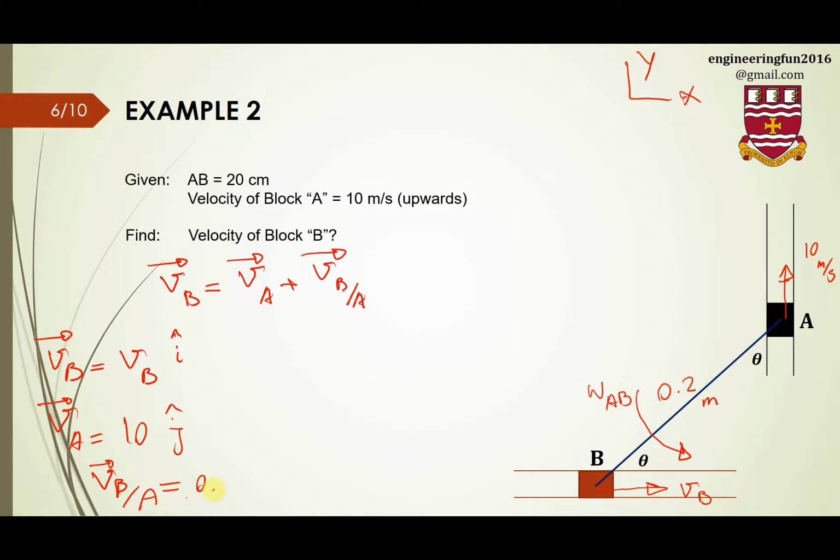So the length here is 0.2 omega AB, and the direction is perpendicular to the rod. So this is the direction of the velocity of B with respect to A.